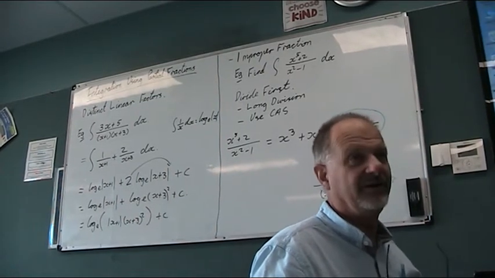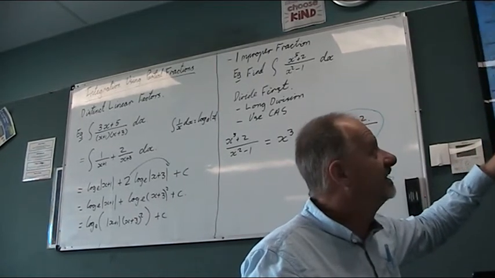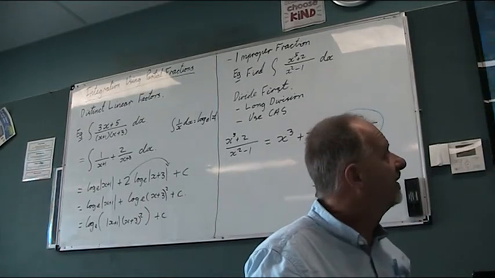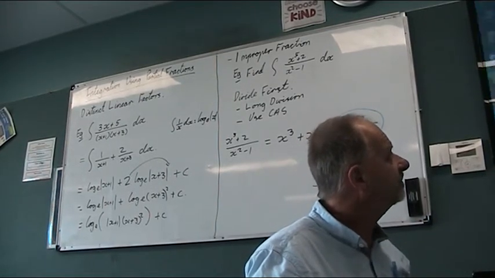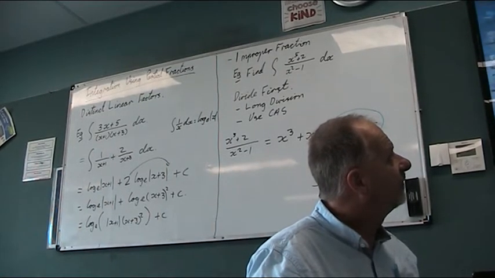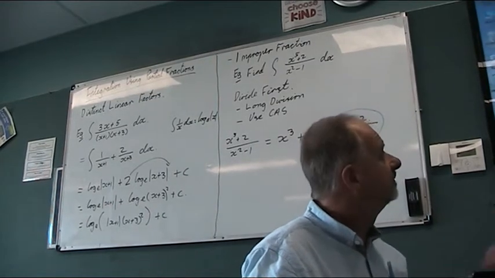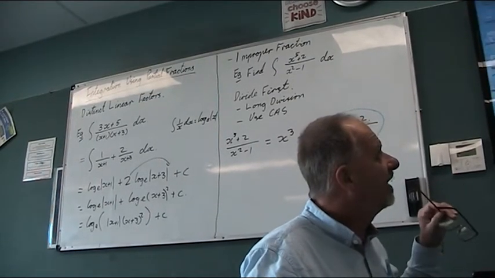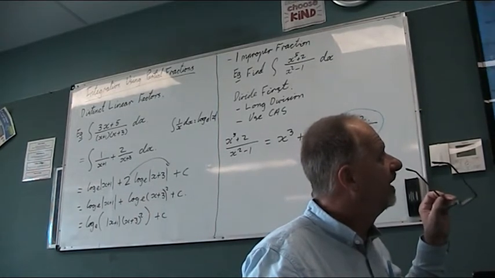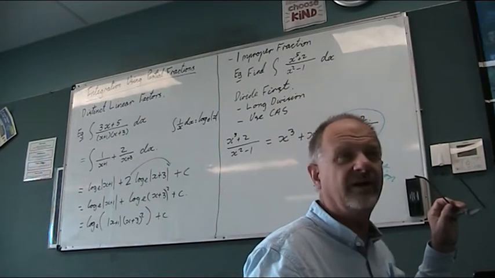I find that it's easier to type the thing in the main screen than into this little box. Then what's our variable? Our variable's x. And then we go OK, and there it is. So negative a half over x plus 1, plus 3 over 2, x minus 1. So our a and our b are negative a half and 3 over 2.